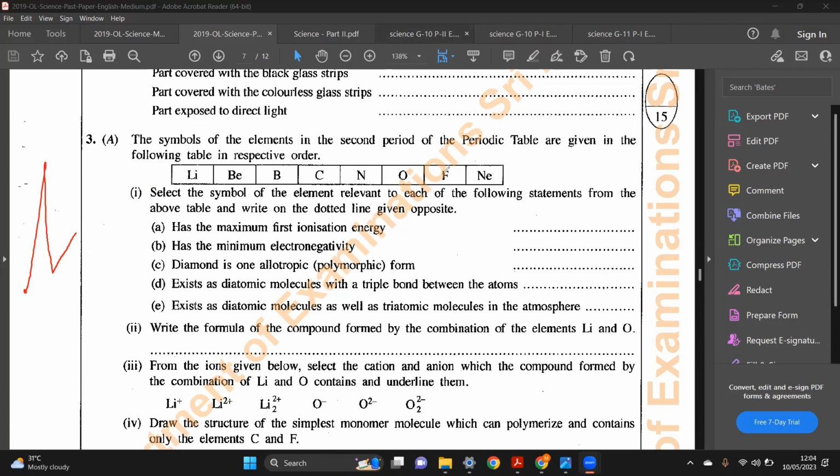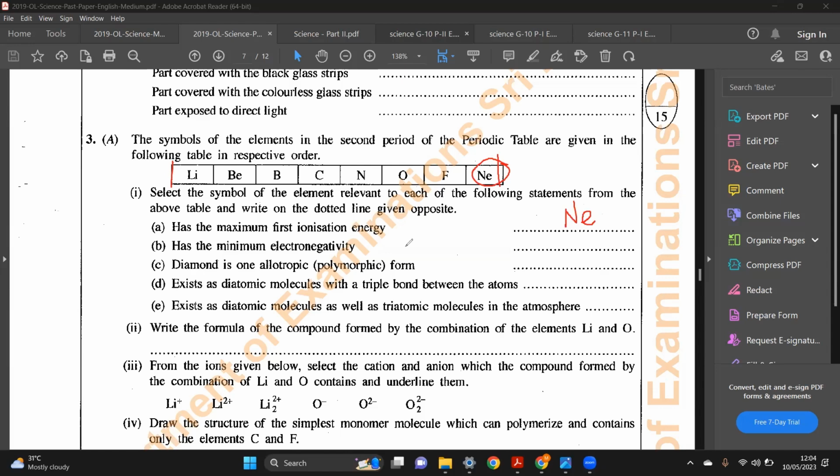So in this particular case, you've only got from lithium to neon. A tip that you can remember is when it comes to first ionization energy, the highest first ionization energy in a period is always shown by your group 8, and the lowest is always shown by group 1. So in this case, highest is your neon.